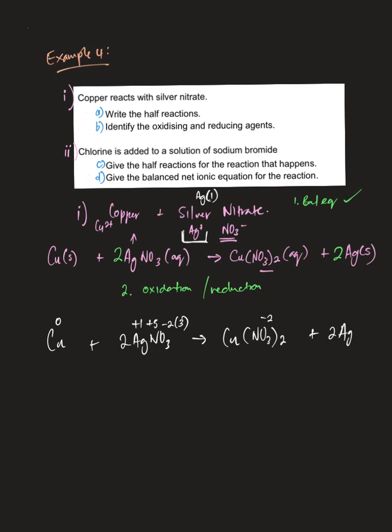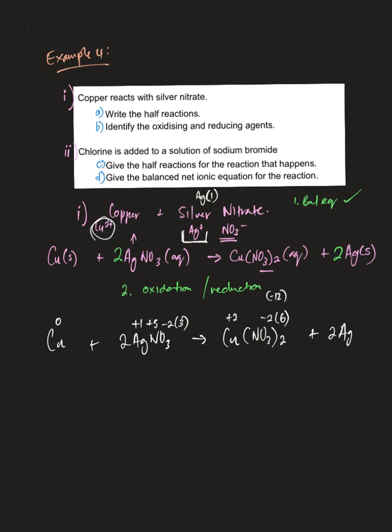3 is 6. So technically I've got -12 over there. My copper I know is going to be +2, because I can see it here. It's a metal, so it will take that charge.